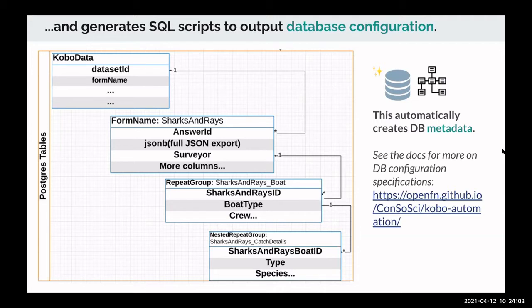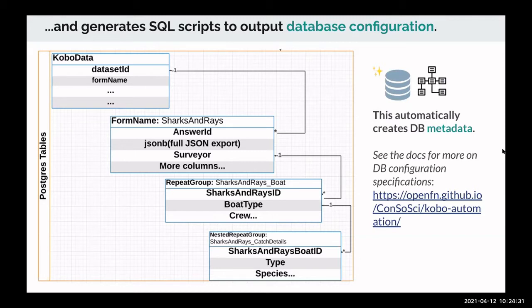And from there, kind of begin to build a data model that will be slightly more optimized for analysis or running queries if you're doing that on the database side. But even if you're not familiar with that type of stuff, you're working with databases for the first time, this provides essentially a template data model that can be automatically configured based off of whatever your Kobo form looks like.